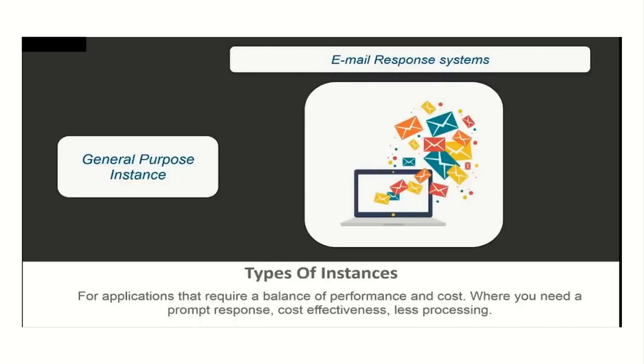When we require a quick response, and there will be n number of emails that would pop in, but we don't want to pay a lot of money for this kind of service. So in this case we need cost optimization as well as quick response. This is where our general purpose instance comes into the picture.